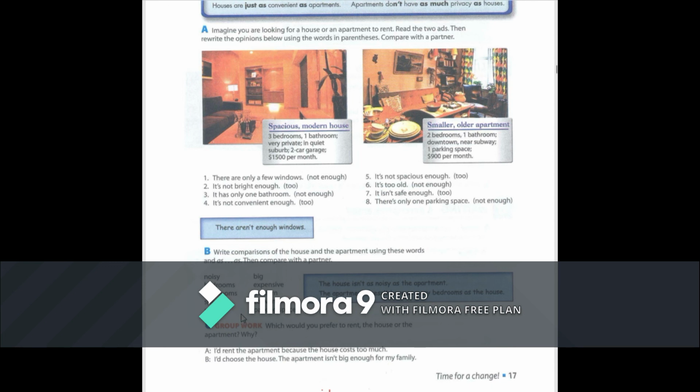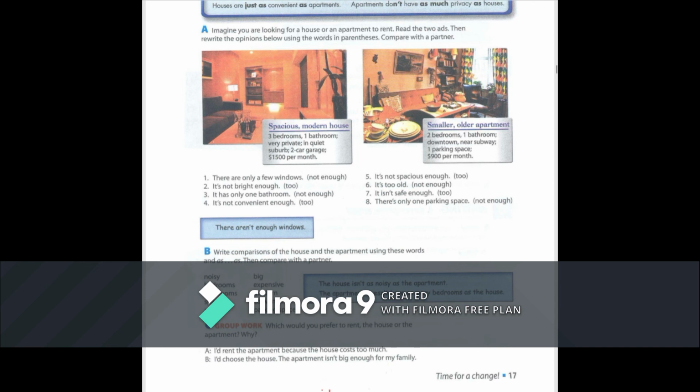So with the word bathrooms, if I want to put it in a sentence, we're doing it in comparisons, as...as. I'm going to say, the house has just as many bathrooms as the apartment. It's according to your opinions, guys. You could make it negative or positive as you like.